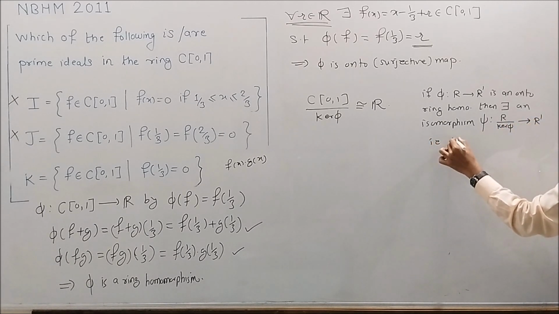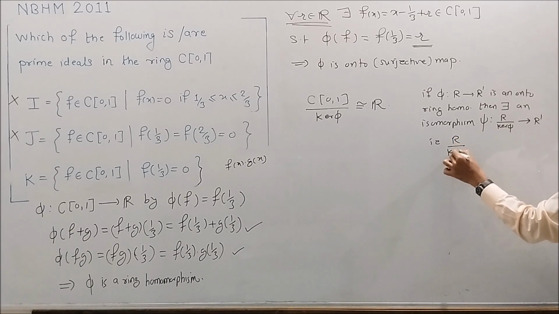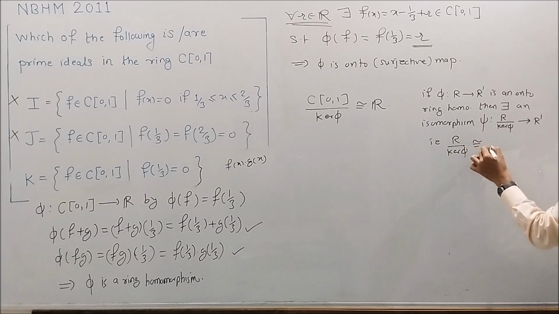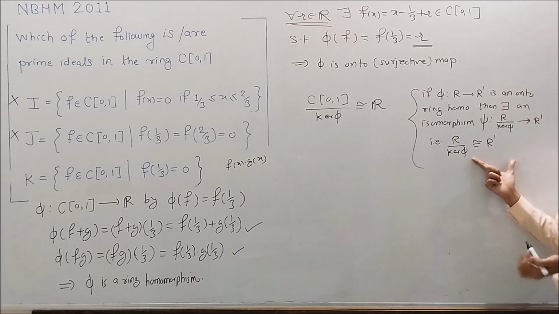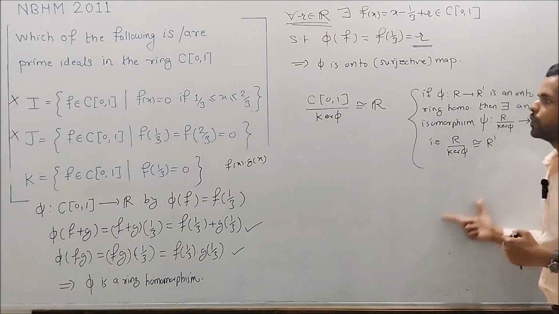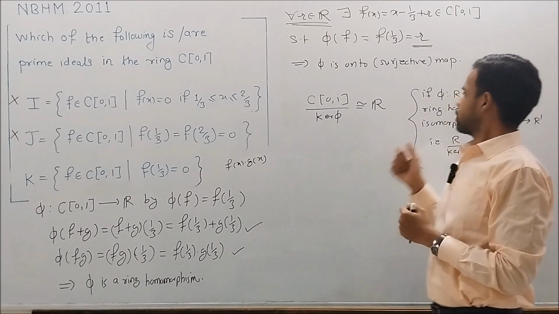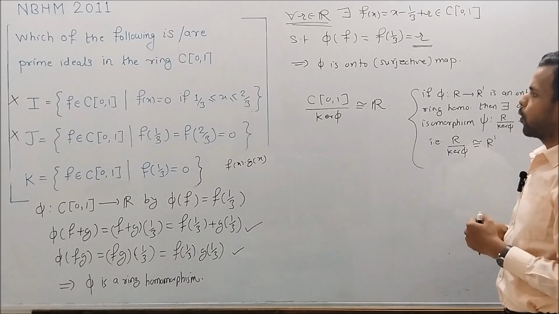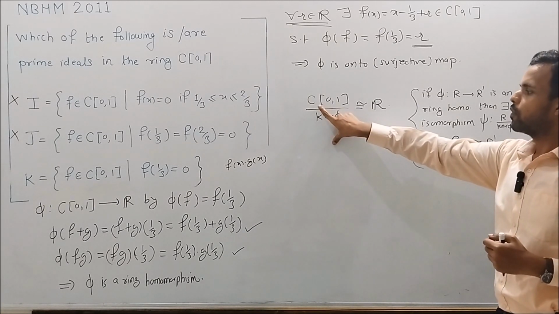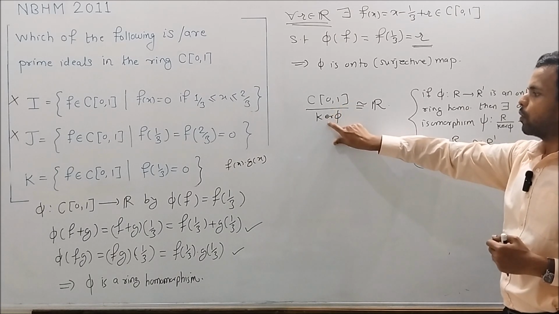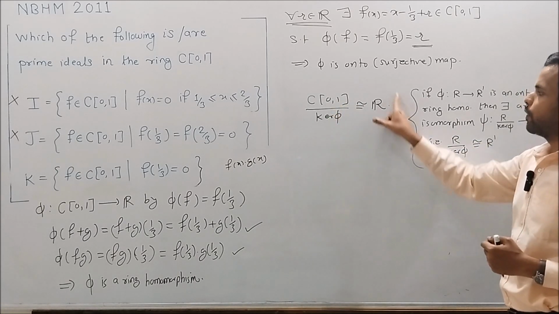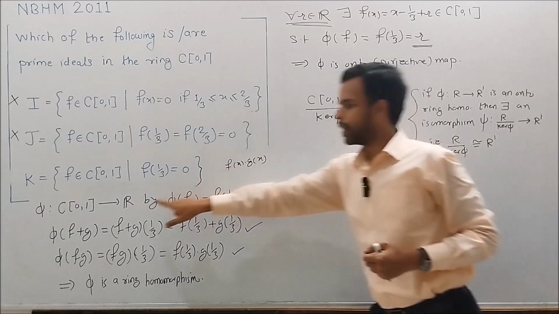That is, the ring R over kernel of phi is isomorphic to the ring R dash. This is the statement of the fundamental theorem of ring homomorphism, which we have used here. So by this theorem, we have that the factor ring of continuous functions over the closed interval [0, 1] by its kernel is isomorphic to the ring of real numbers.